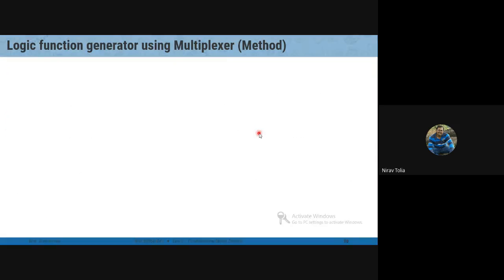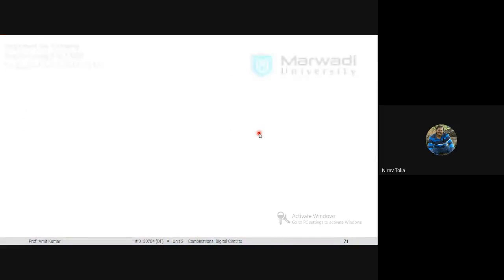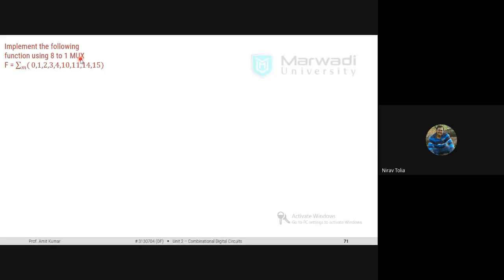We do not have to consider all these things. Just take another example, and from the example you can easily understand. Now, what is the example? Implement the following function by using an 8 to 1 mux. So 8 inputs, 1 output.